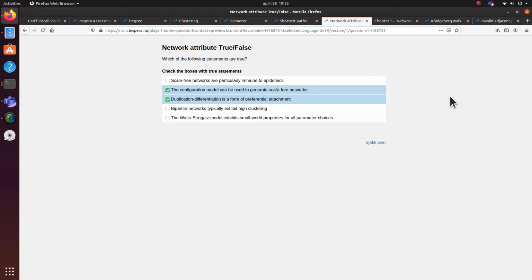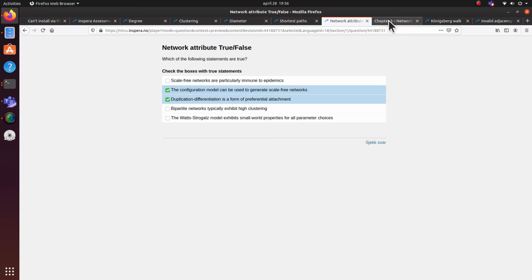Because the Erdős-Renyi model was good at explaining the small world phenomenon, but it had very low clustering, which is uncharacteristic of many real networks. So Watts and Strogatz wanted to develop a random network model that would both exhibit small world properties and high clustering.